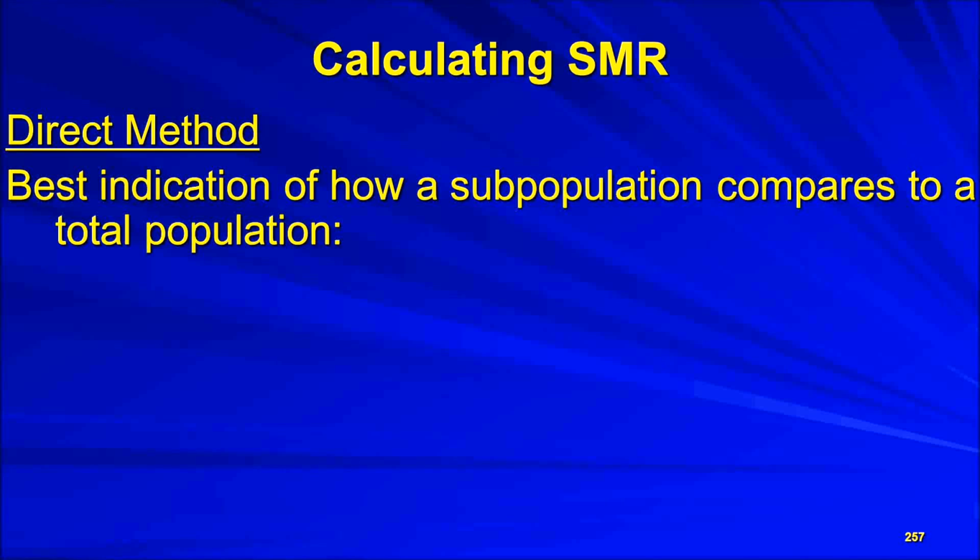And I'm going to go through these steps. And these steps probably won't make a lot of sense to you until I get to a specific example. So we have to have the age-specific death rate for the subpopulation, but it will be adjusted by population scores or distributions, and you'll see that, and I'll point to it and I'll show it to you.